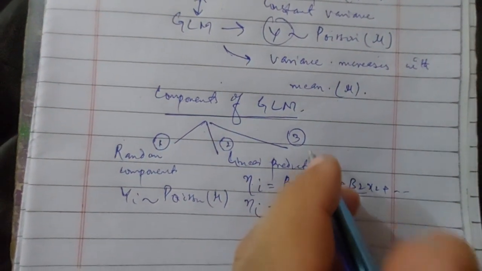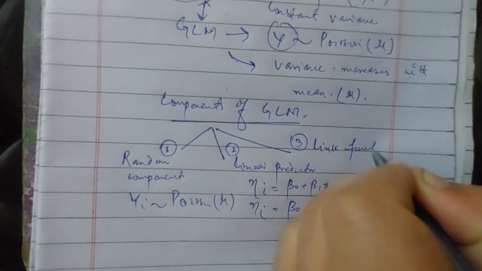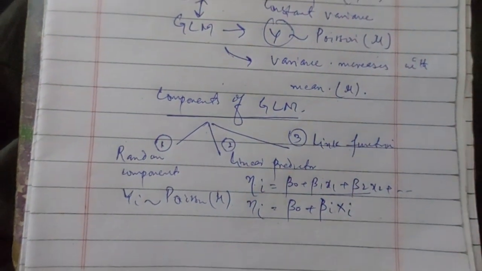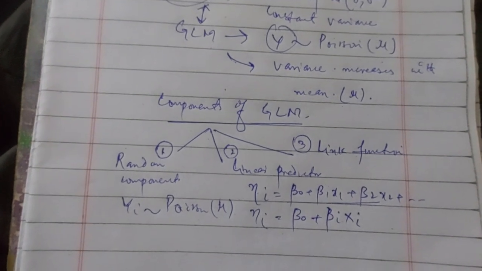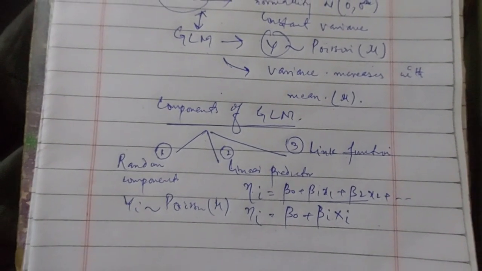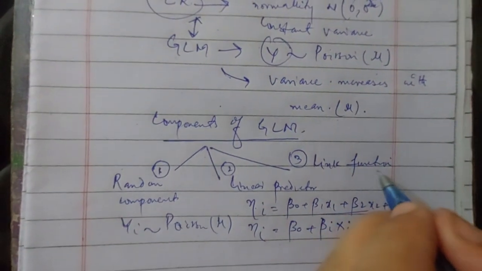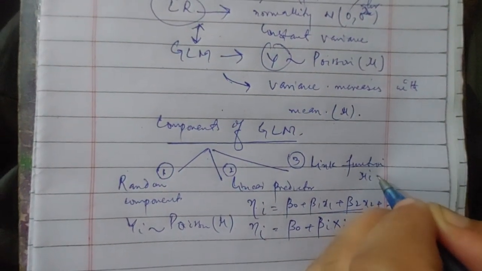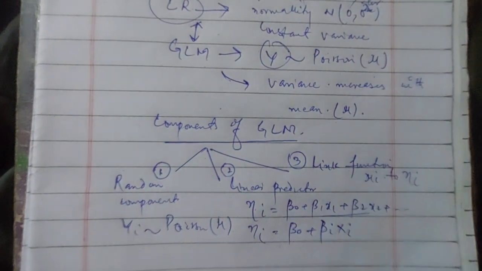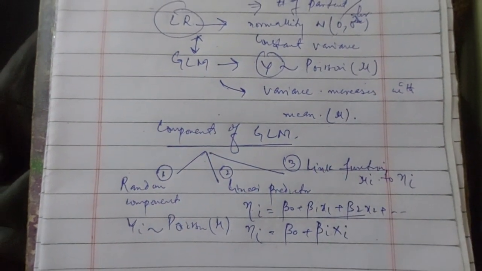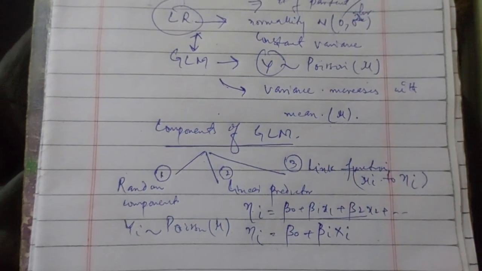The third one is the link function. It is called the link function because it links the mean mu i to the linear predictor, so it links these two things.